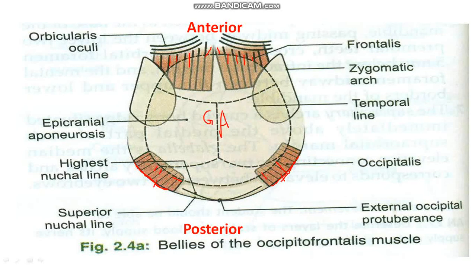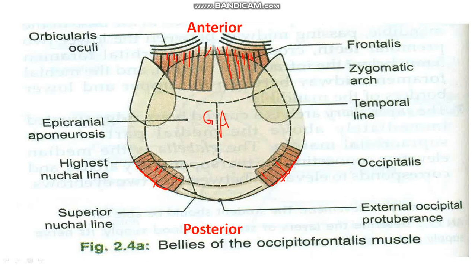So this occipitalis has a bony attachment, whereas the frontalis does not have a bony attachment. It is originating from the skin and subcutaneous layer, moving in this direction posteriorly.